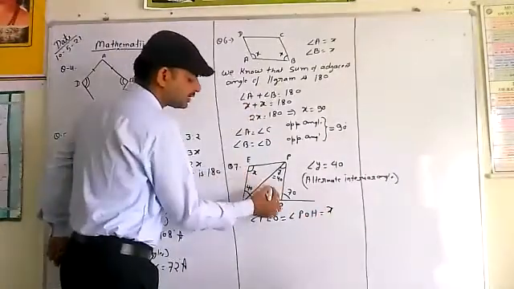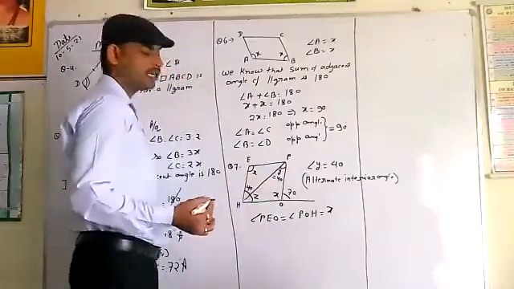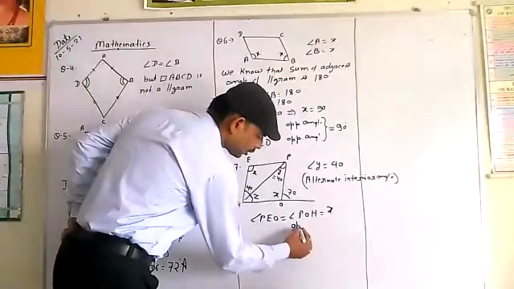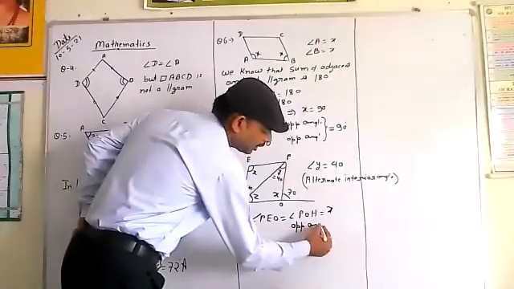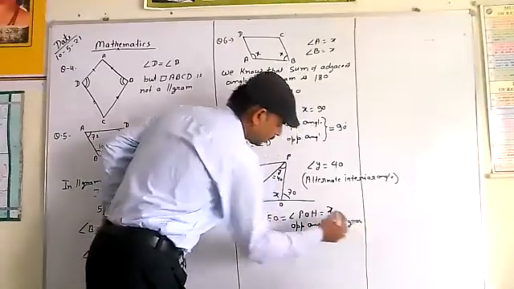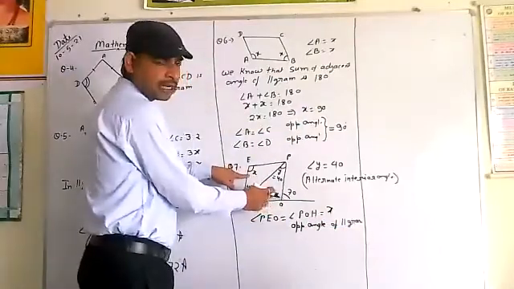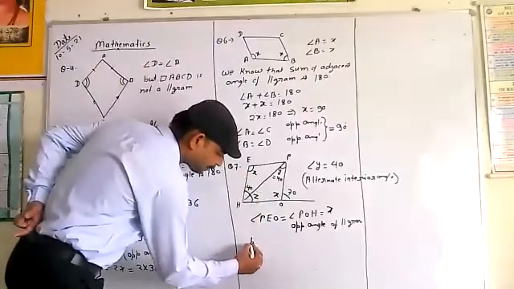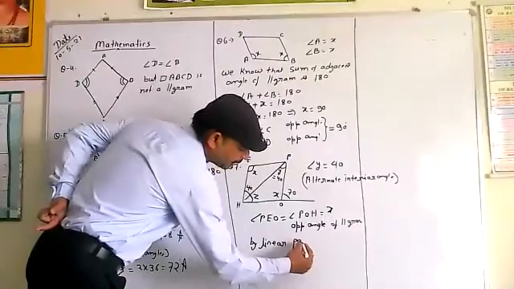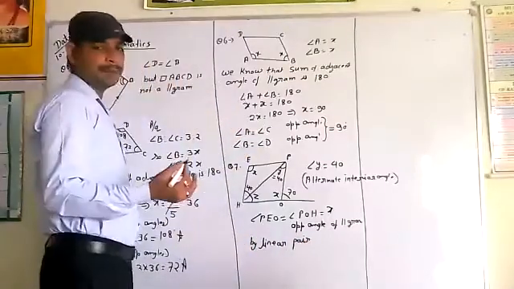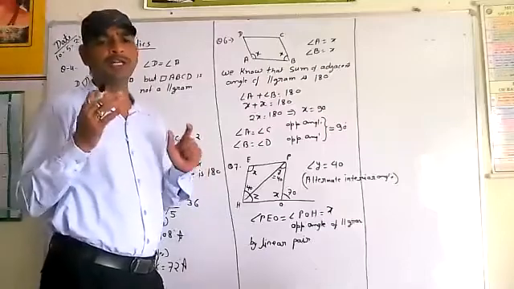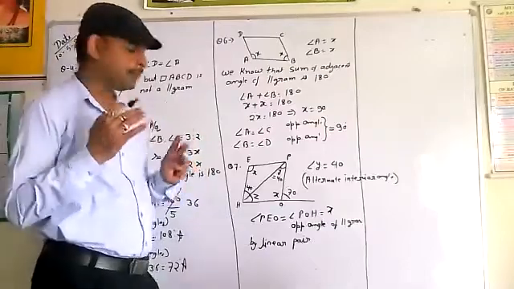This is x, this is x. ये कौन सी प्रॉपर्टी हो गई? अपोजिट एंगल ऑफ पैरेललोग्राम. These two are opposite angles. By linear pair, the sum of two angles which form a linear pair is supplementary.